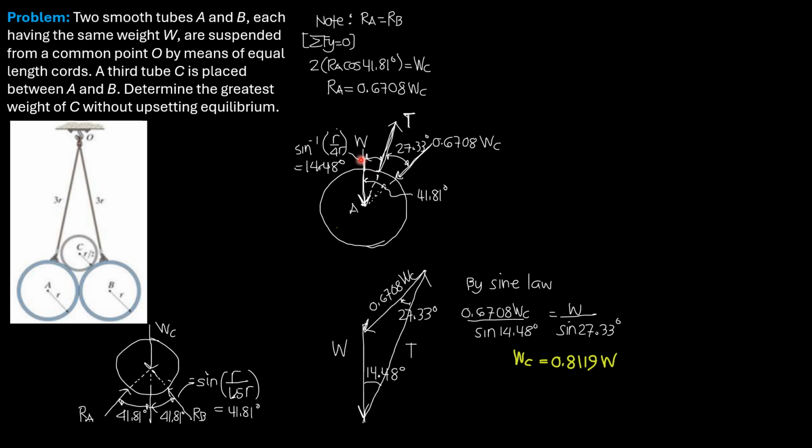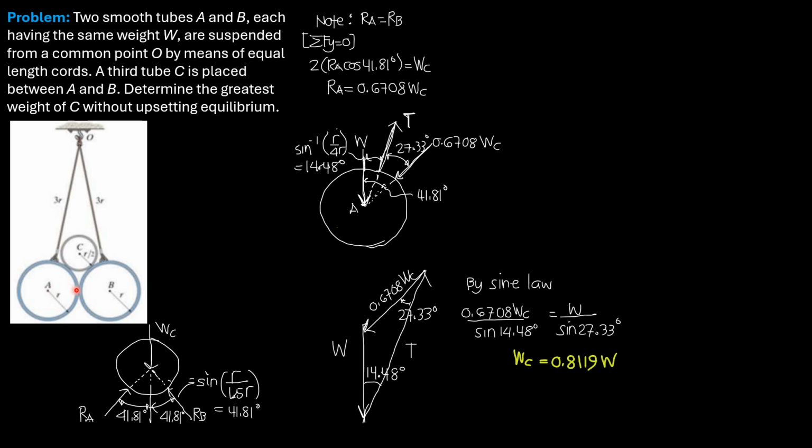Likewise, for this angle between the vertical and the tension, this is half of this angle here. So the opposite of that angle is R. Then the hypotenuse is 3R plus R, so 4R. So therefore that is inverse sine of R over 4R.